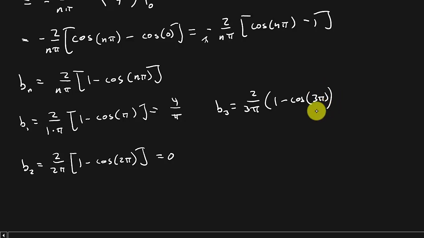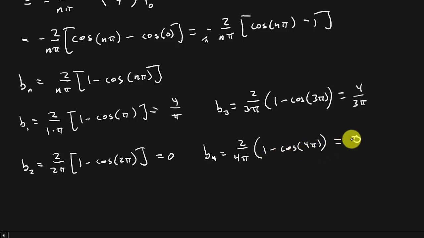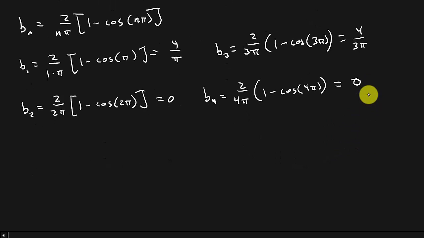Cosine of 3 pi is negative 1, 1 minus negative 1 is 2, and so that gives me 4 over 3 pi. Then b4 is 2 over 4 pi times 1 minus cosine of 4 pi. Cosine of 4 pi is 1, 1 minus 1 is 0, so that gives me 0.